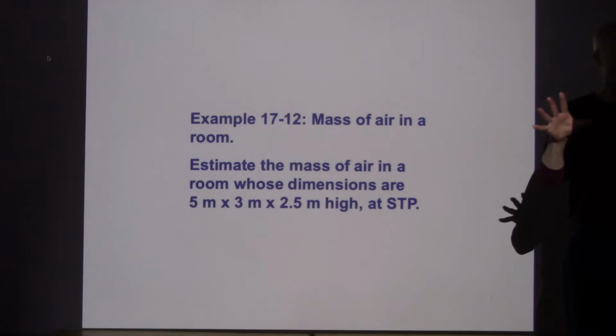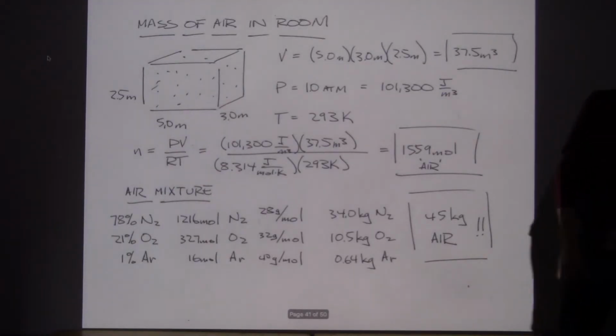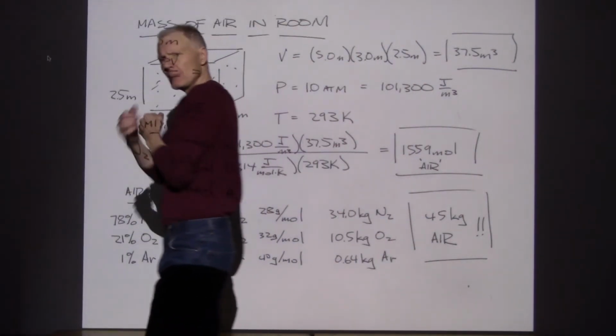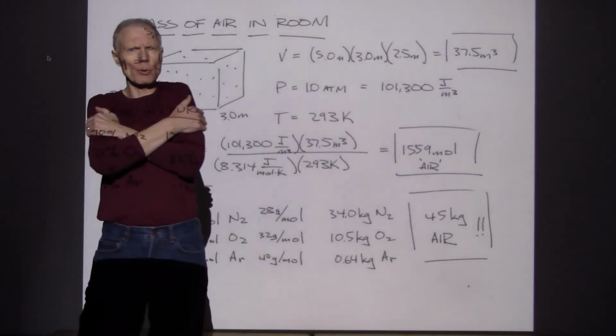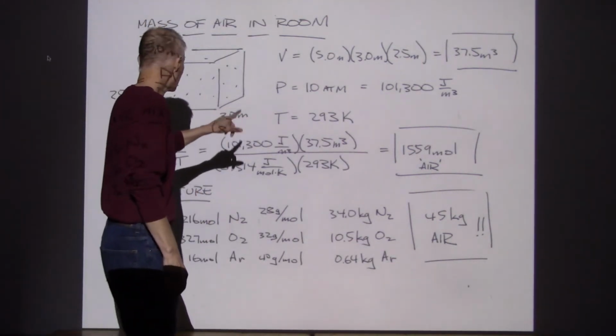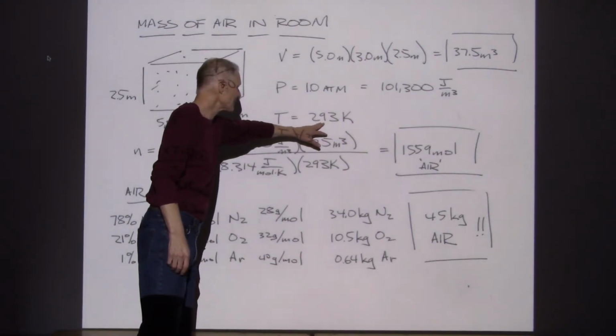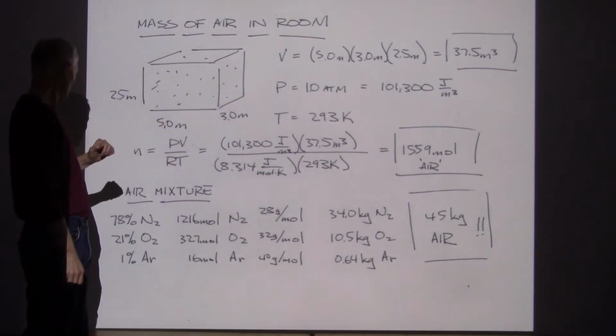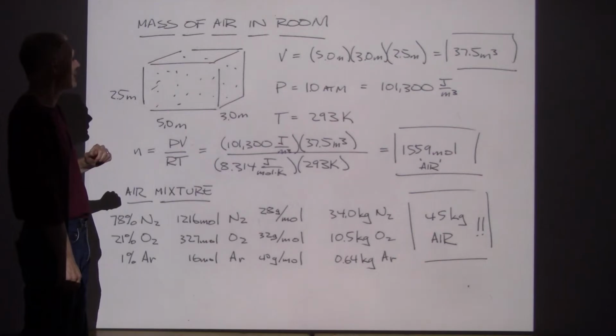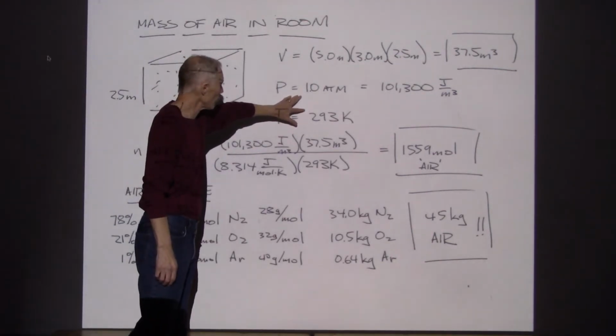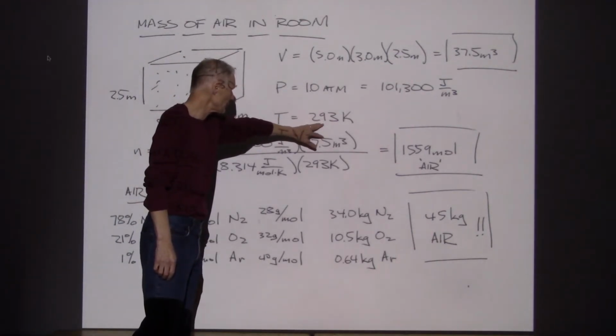So just so you guys know, I'm going to change the numbers here. I'd be freezing if the room in here were at 0 Celsius. So I'm going to raise the temperature up to 20 Celsius, which is 293 kelvins.